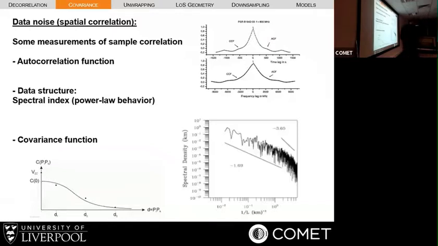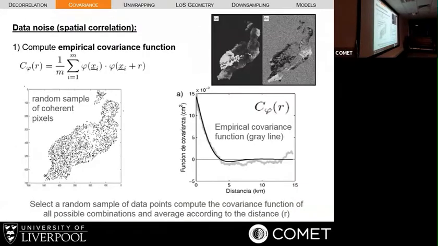So how does it look if we take a random sample of 1,000 pixels in a given region, and we estimate according to these A, B, C parameters, we can find situations in which the correlation between points is very, very poor. It's almost every single pixel, it behaves independently.